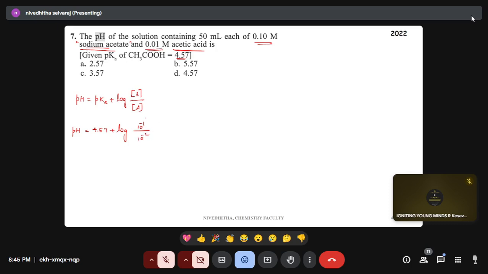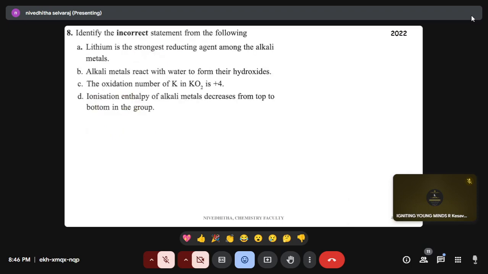Please simplify this and tell me the value of pH. 5.57, ma'am. 5.57, yes. Right, Marimuthu, answer the second option. 5.57. That's it.